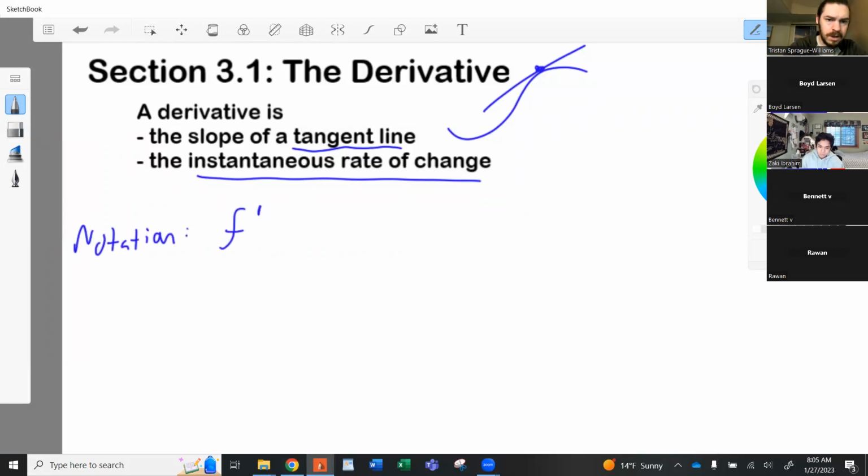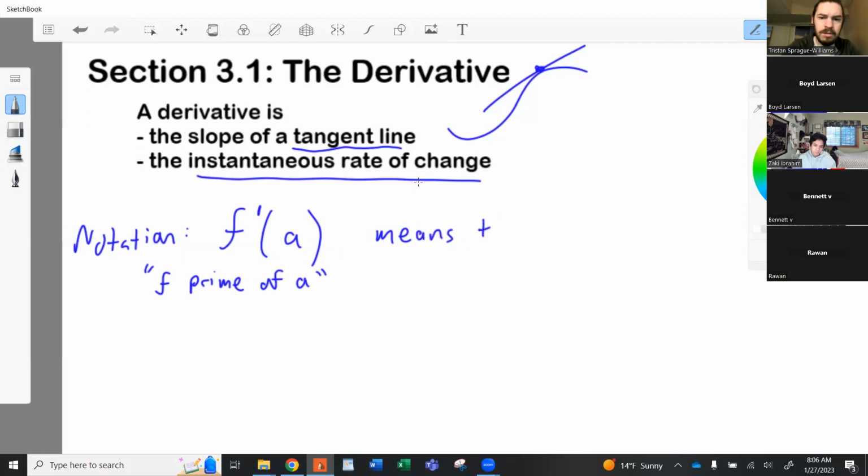F, and then this little apostrophe, tick mark, we call that prime. In mathematics, this mark is not like a number one. When I'm typing it, I type it as an apostrophe. That is spoken, F prime of A. That's how you say that out loud.